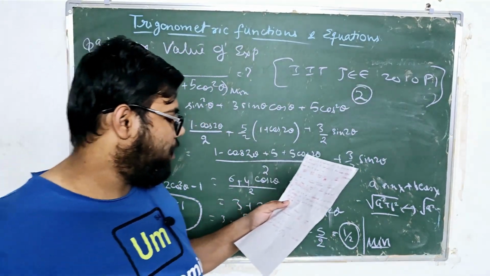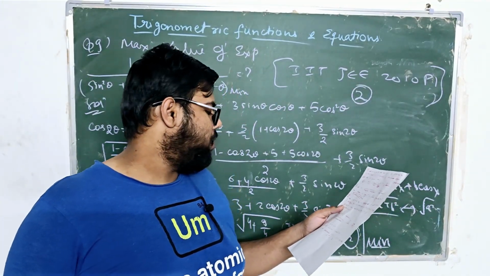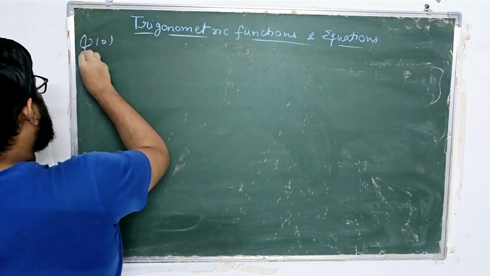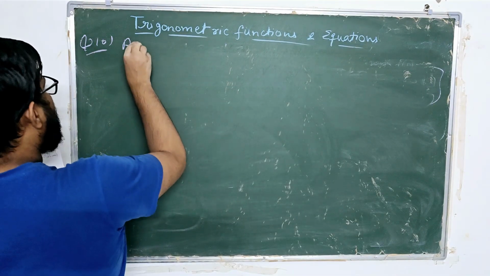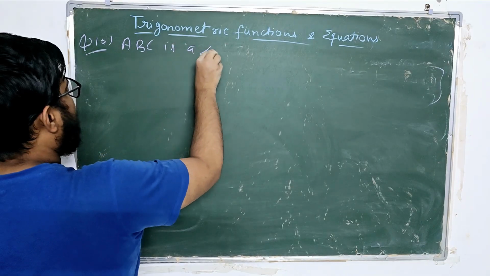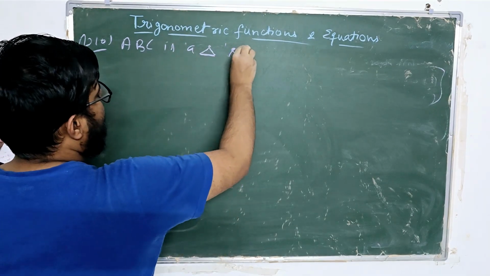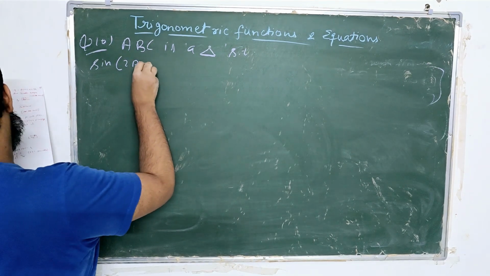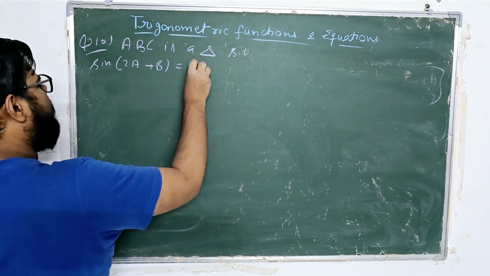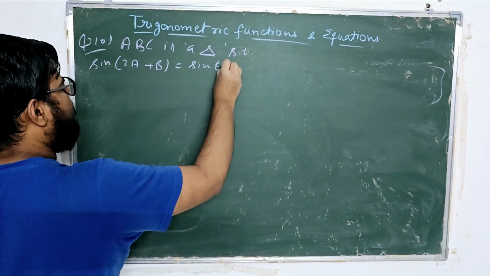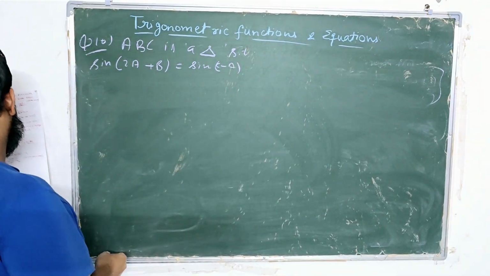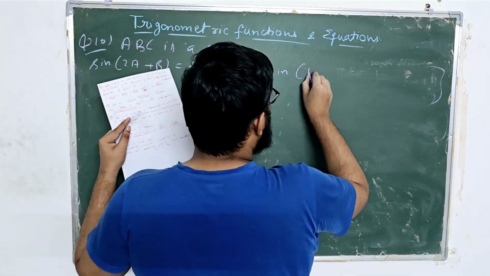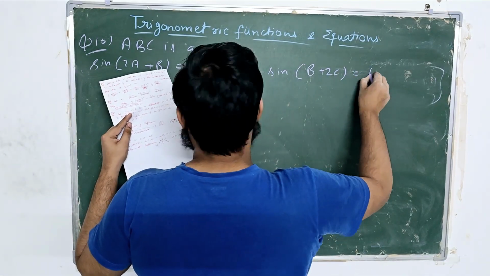So this was the 9th question. Now let's move to the last question of this video. Question number 10. ABC is a triangle such that sine of 2A plus B is equal to sine of C minus A is equal to negative sine of B plus 2C is equal to 1 by 2.